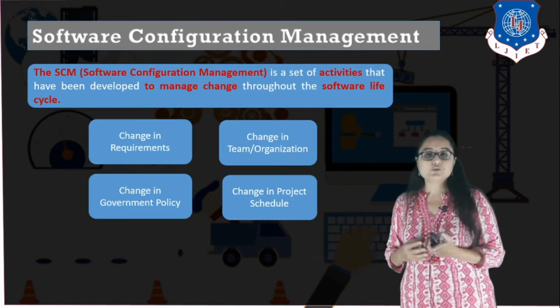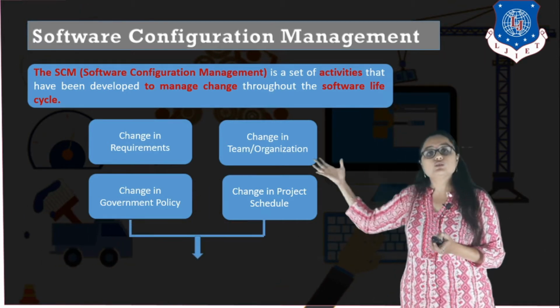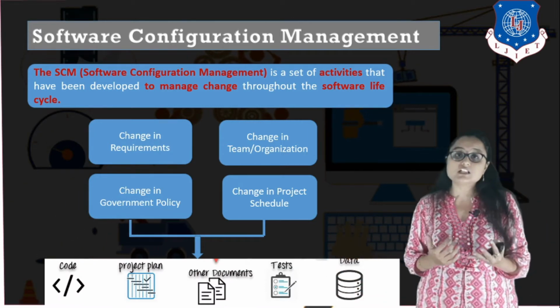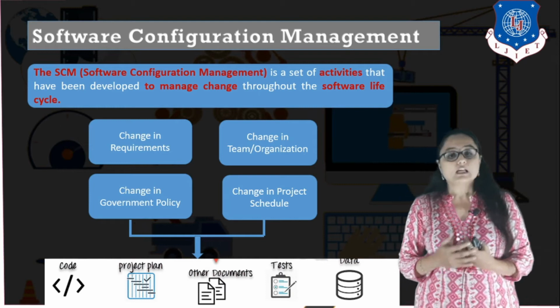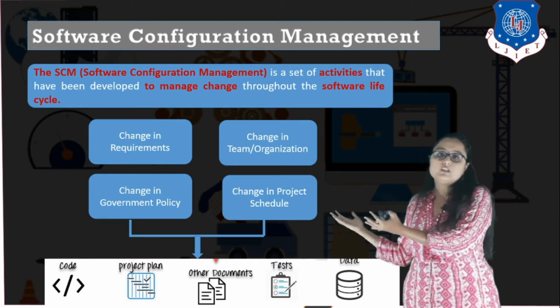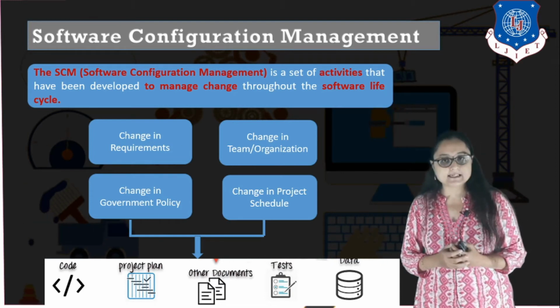So due to all these changes, there is a possibility that there are changes in the code that you are writing. There are changes in the whole project plan, because we know that if the schedule is changed, the overall project planning is changed.